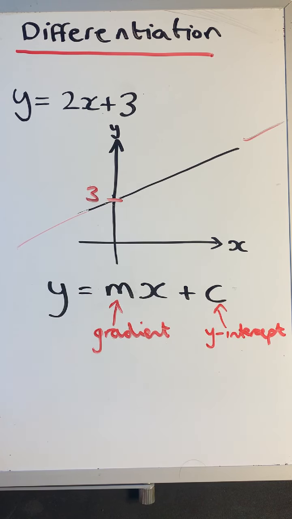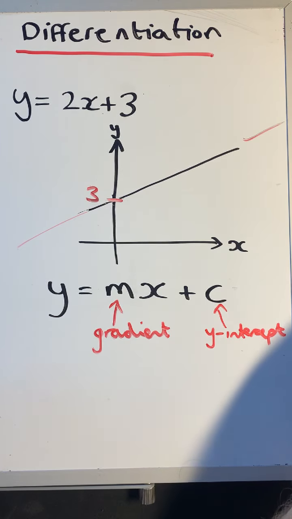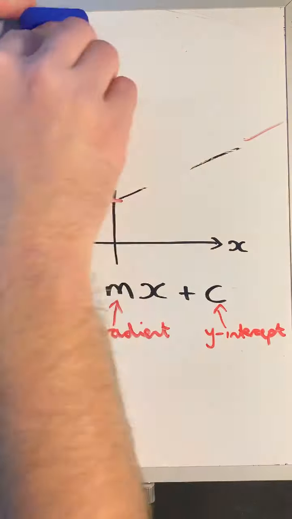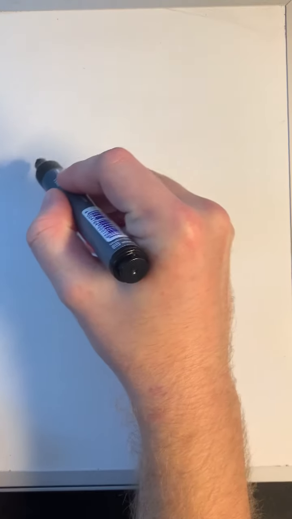And how do we work out what this gradient, this m value, is? Well, if we were given a straight line such as this, say this is a function somewhere on top of a pair of axes.